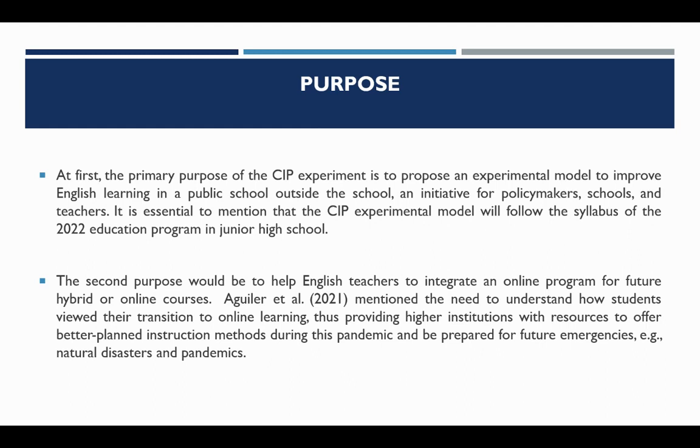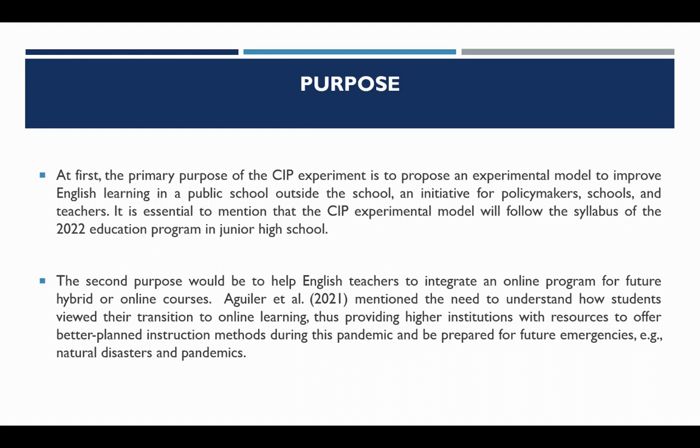Okay, and then moving on, and speaking about the purpose, the primary purpose of the CIP is to propose an experimental model to improve English learning in a public school, outside the school, an initiative for policymakers, schools, and teachers. It is essential to mention that the CIP experimental model will follow the syllabus of the 2022 educational program in junior high school.